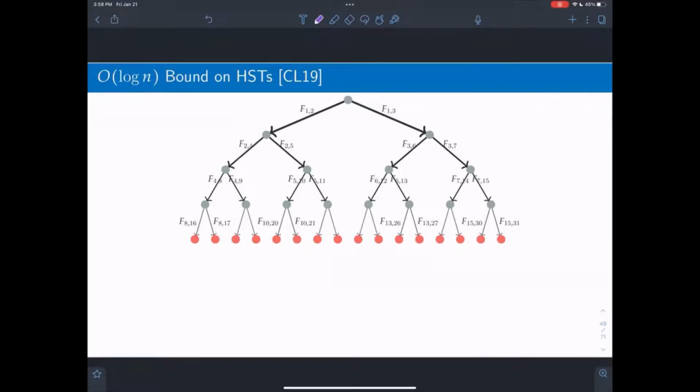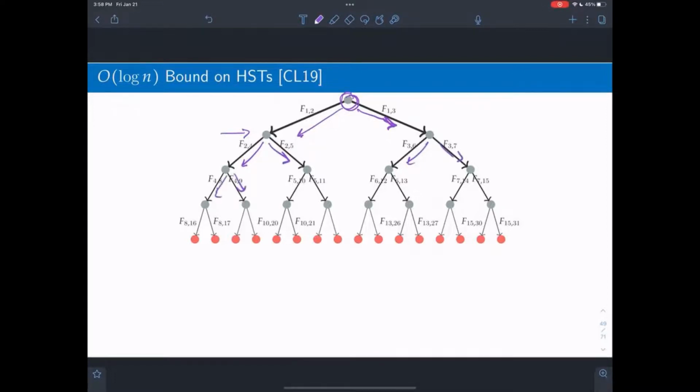So more precisely, they represent the probability distribution on the leaves as a unit flow from the root of this tree to its leaves. So first the root gets to decide how much mass it's going to play on the left subtree and how much on the right subtree. And then the nodes at the second layer get to decide how much of the incoming mass they are going to play on the left and right subtrees, and so on.